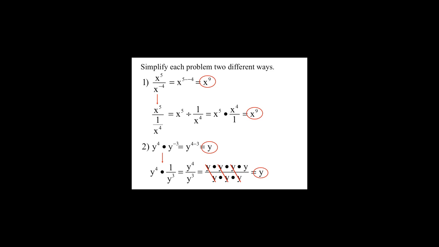My method would have been, if I do it in blue, I would have taken y to the 4th, and it's really basically what it is on the bottom. Since it's times y to the negative 3, I would have written it y to the 4th over y to the 3rd. Then I'm going to divide 3 y's out of the denominator and 3 y's out of the numerator, and I'm left with 1 y in the numerator, which is equal to y.